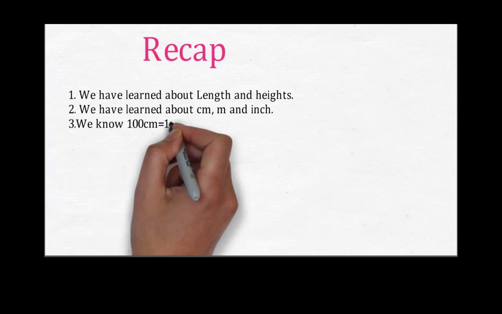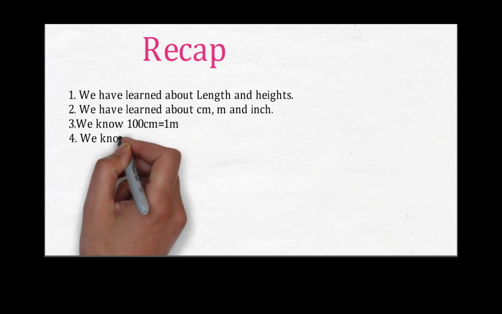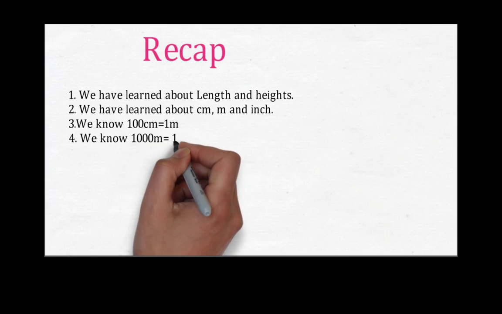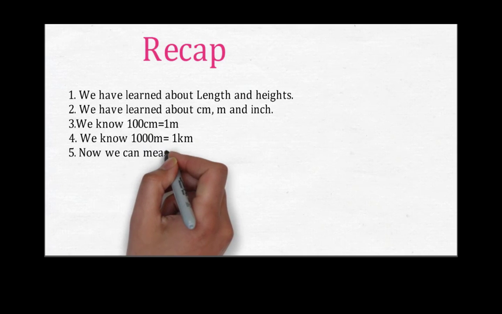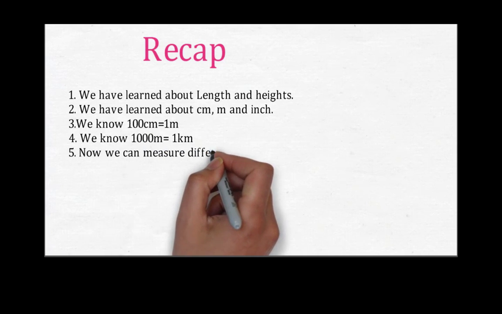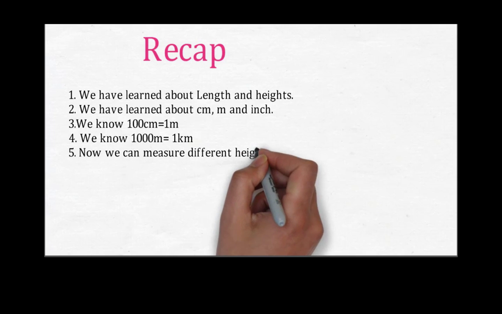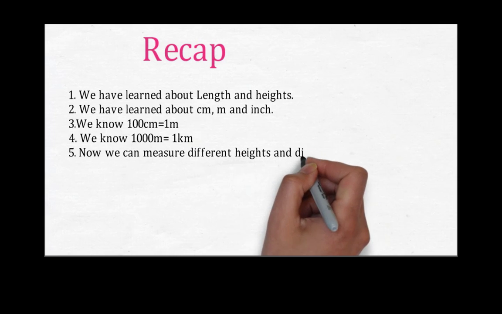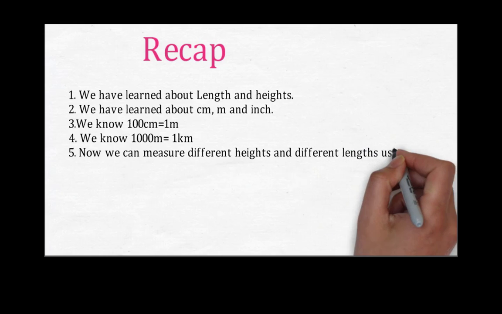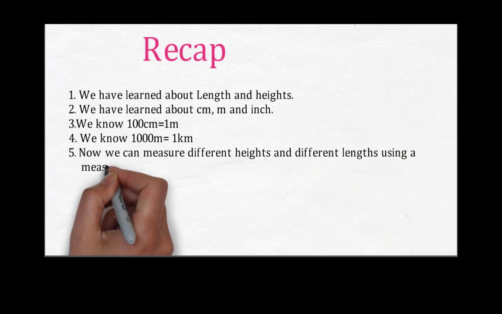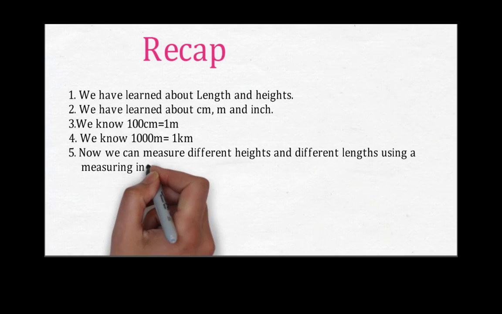Yes, we know that 100 centimeter is equal to 1 meter, then 1000 meter is equal to 1 kilometer. Now we can measure different heights and different lengths using measuring instruments, is it not? Yes, using your scale also you can do different types of measuring or calculating, is it not? Okay, that is very good.